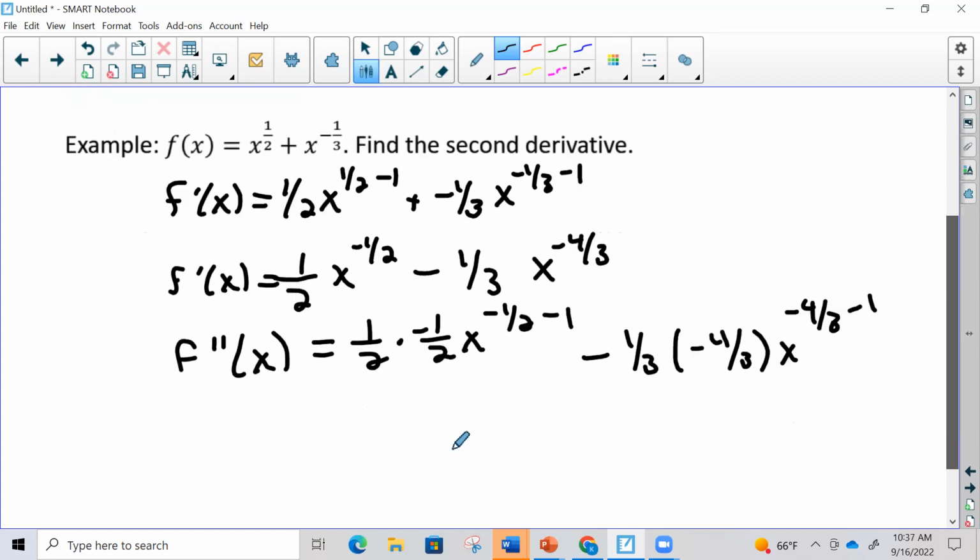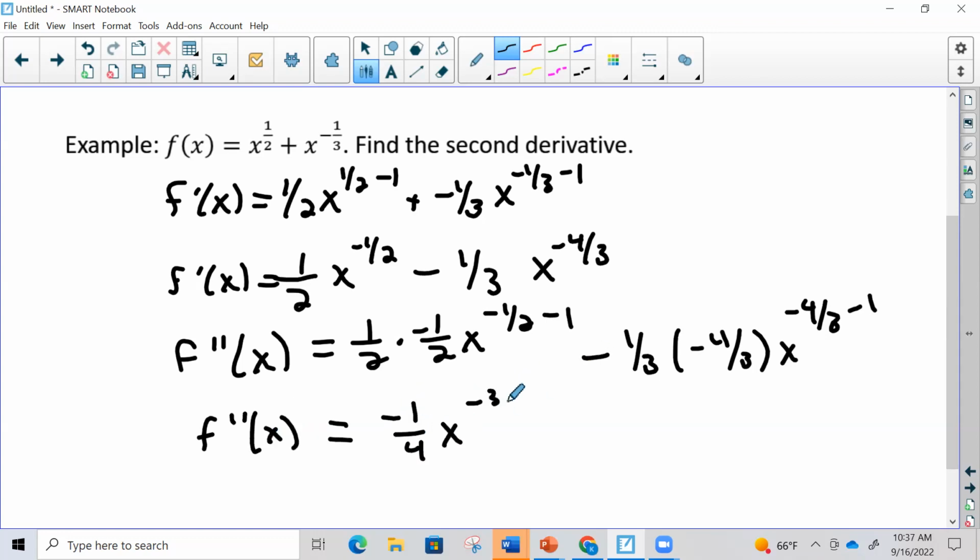Again, I'm using the power rule on that. So then we get -1/4 x to the -3/2. And then we have a negative times the negative, so plus 4/9. When you multiply fractions, you multiply the numerators and then the denominators, and then x.